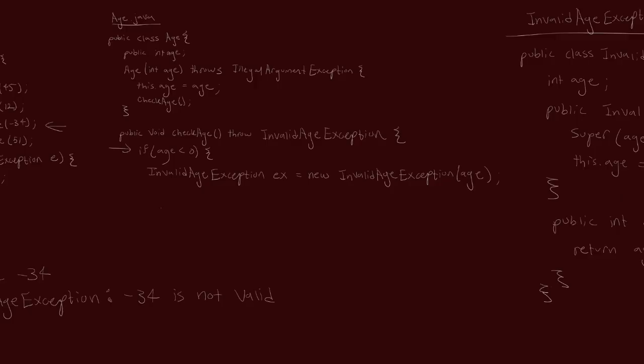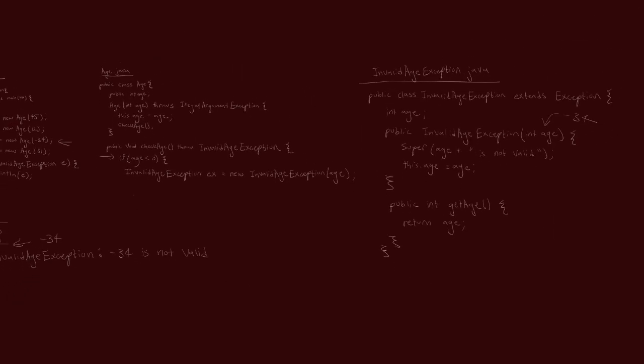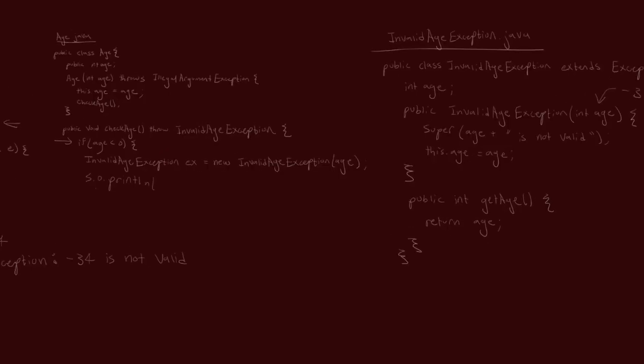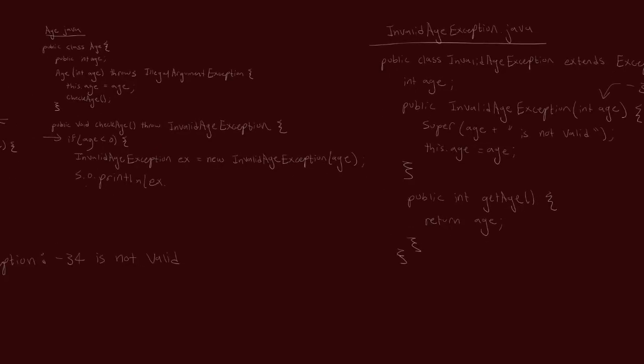Then what we're going to do is print out this age here. So we'll do System.out.println. Then we do ex. So we're now entering the InvalidAgeException class. We get the getAge method.